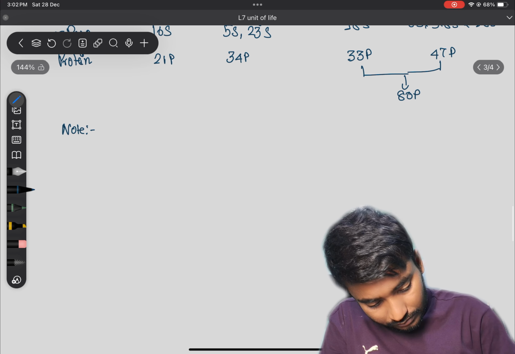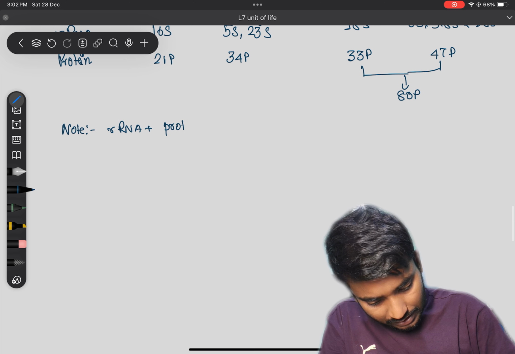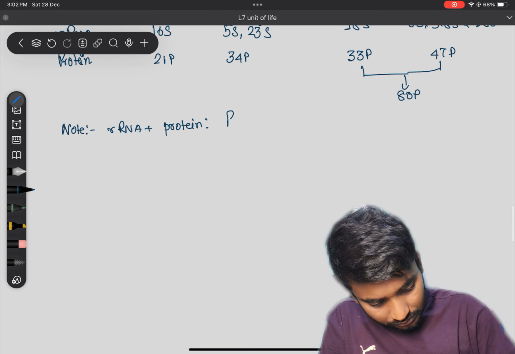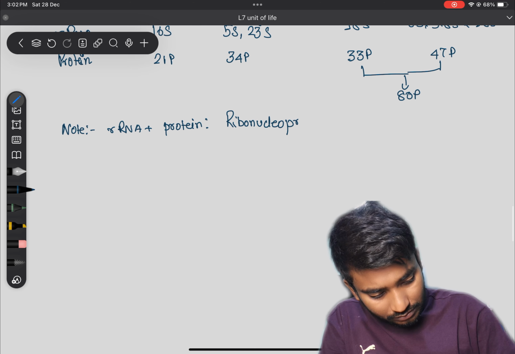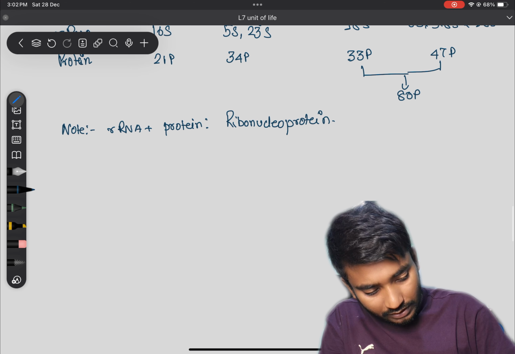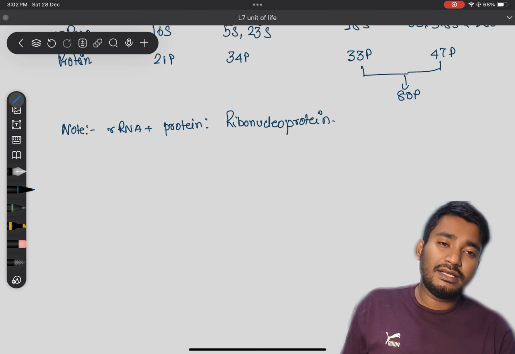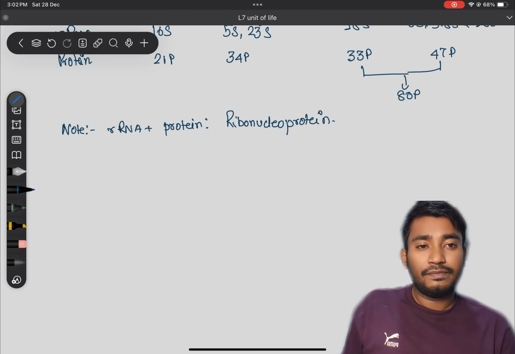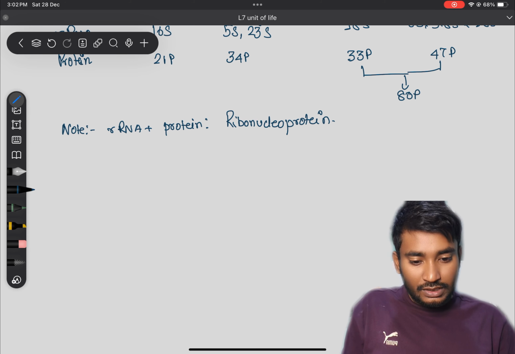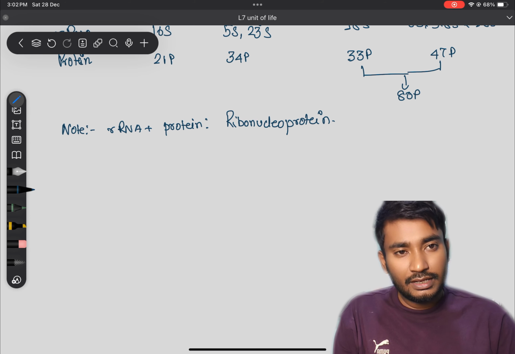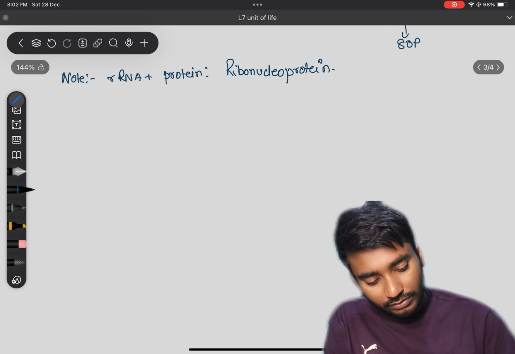Now note: rRNA plus protein together form ribonucleoprotein. Okay, got it.